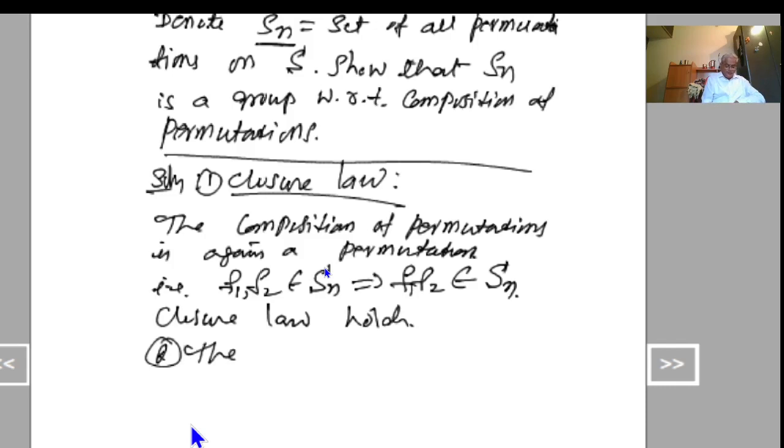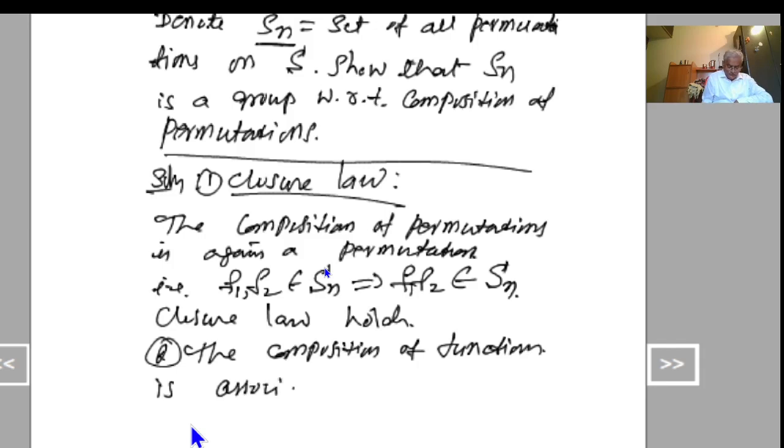Number 2. The composition of functions is associative.